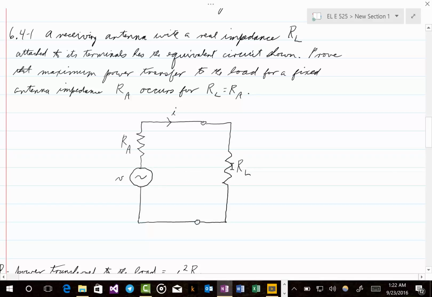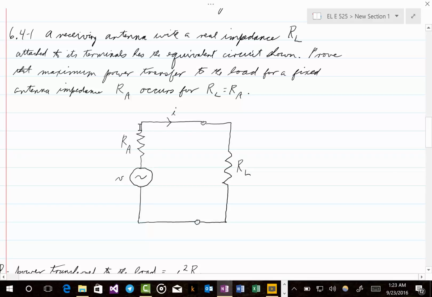And here is R sub L, which represents some kind of load which is attached to this receiving antenna. So again, this is a receiving antenna. It's one that's going to receive a signal from elsewhere. And because of that, that's how this voltage is induced on this antenna.